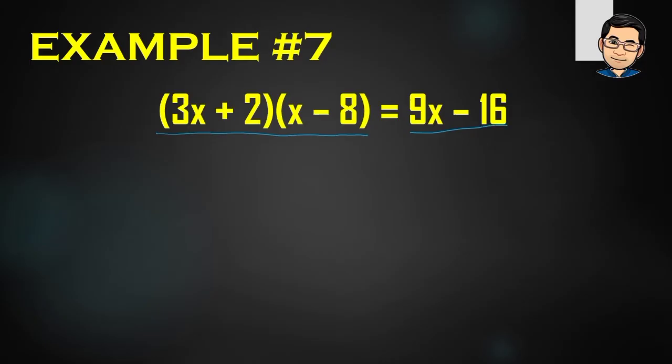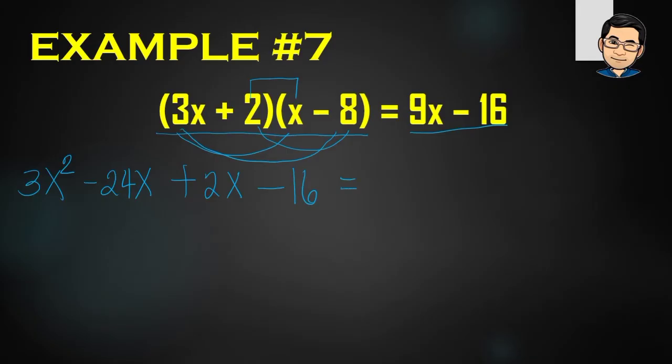So, using FOIL method, 3x times x, 3x squared. 3x times negative 8, negative 24x. 2 times x, that is positive 2x. 2 times negative 8, that is negative 16, equals 9x minus 16.